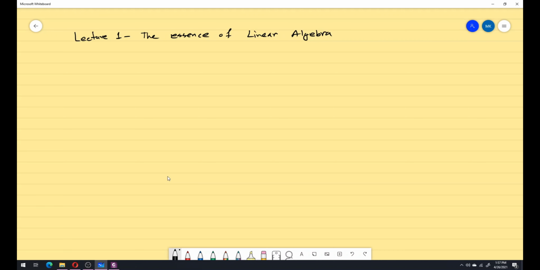In the introductory class I told you that linear algebra is used in different research domains like machine learning, deep learning, data science, right? So in those domains, what is the use of linear algebra?